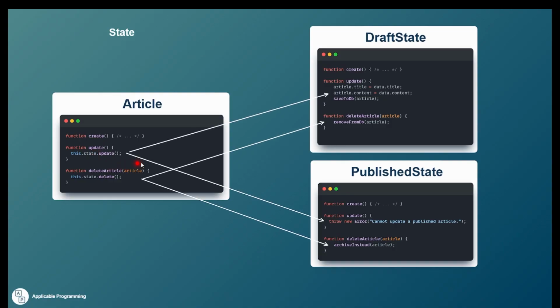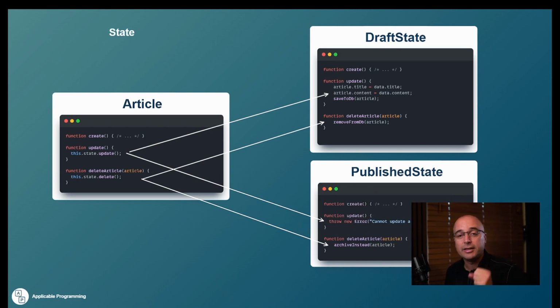It's just calling the different methods depending on the state it is in. That way the article does not have to decide each and every time what the logic for doing a specific thing should look like, in this case deleting the article. It will just call its state.delete, and the state will do the deleting of the article, if it can do it, if it's in the draft state in this case. But if it's in a published state, then it will only archive it rather than actually physically delete it. Well, I say physically, but you know what I mean, from the database.